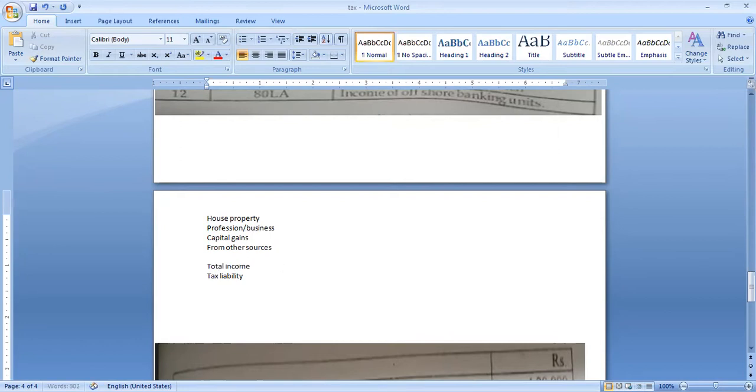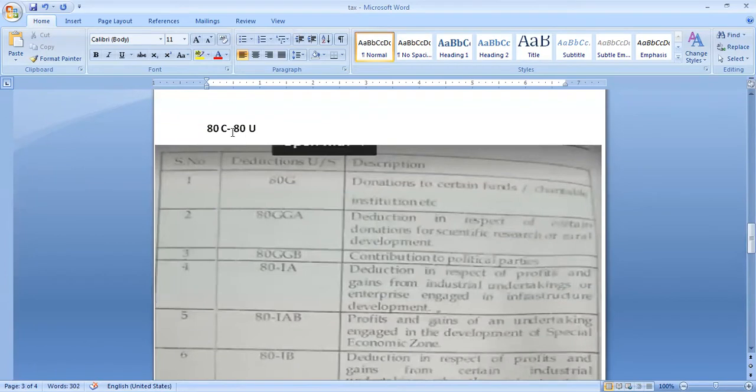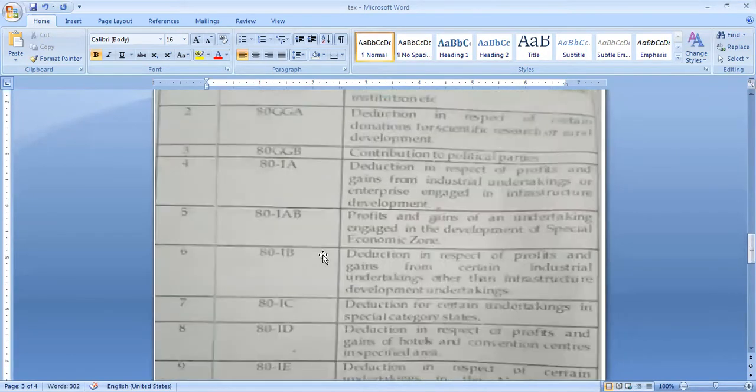And from that, certain deductions to a corporate assessee are given by the Income Tax Act. These deductions are mentioned here. For an individual assessee, it is mentioned from 80C to 80U. But for a corporate assessee, the main deductions are mentioned under section 80G up to 80LA.